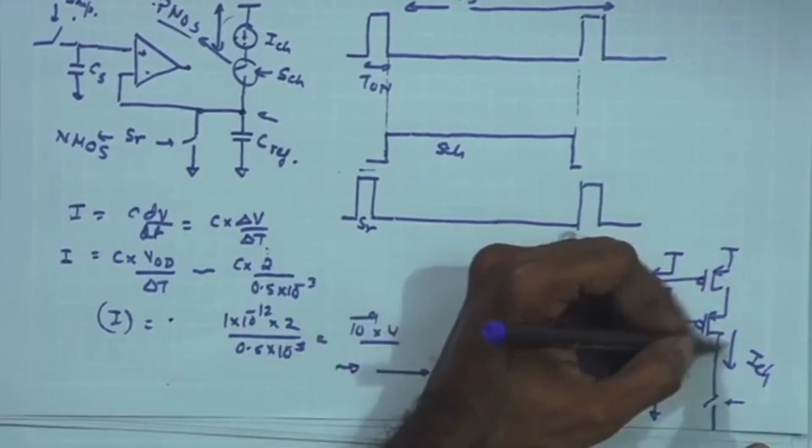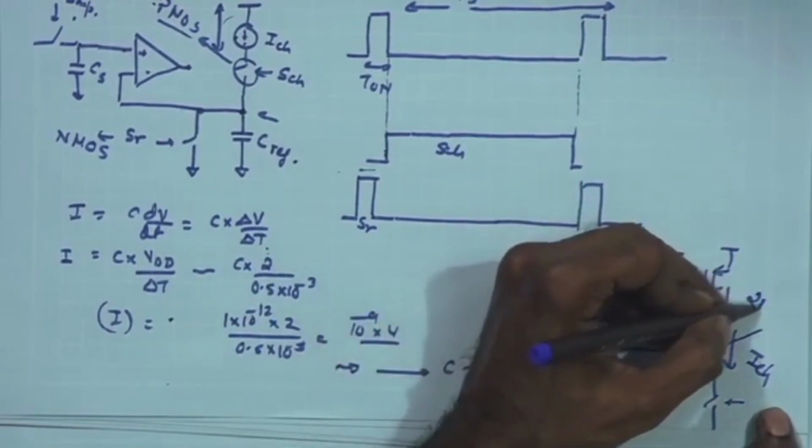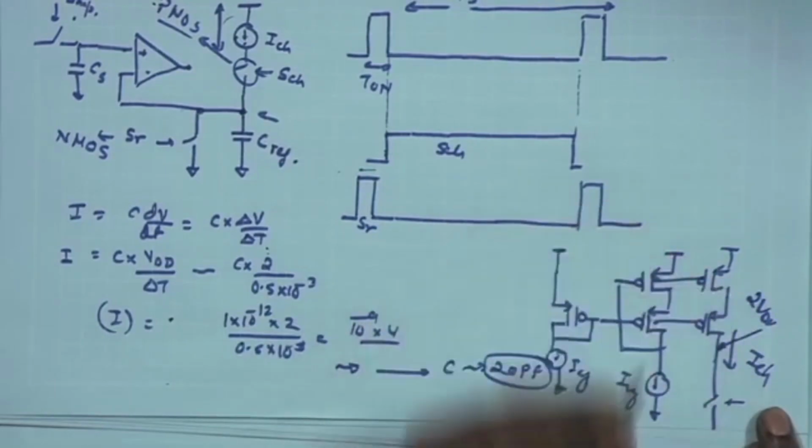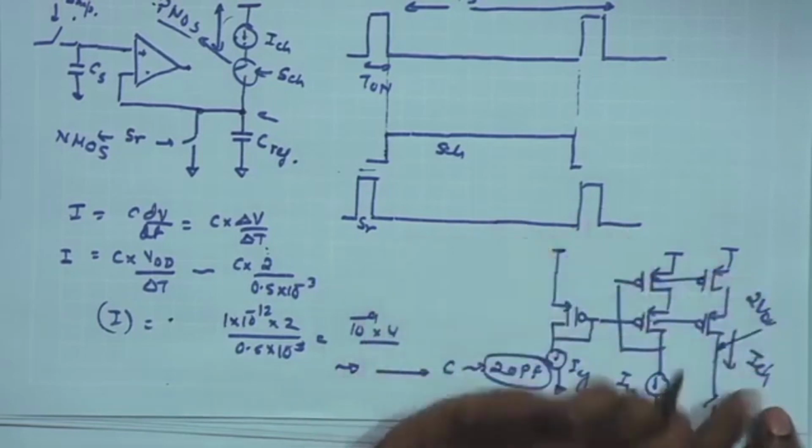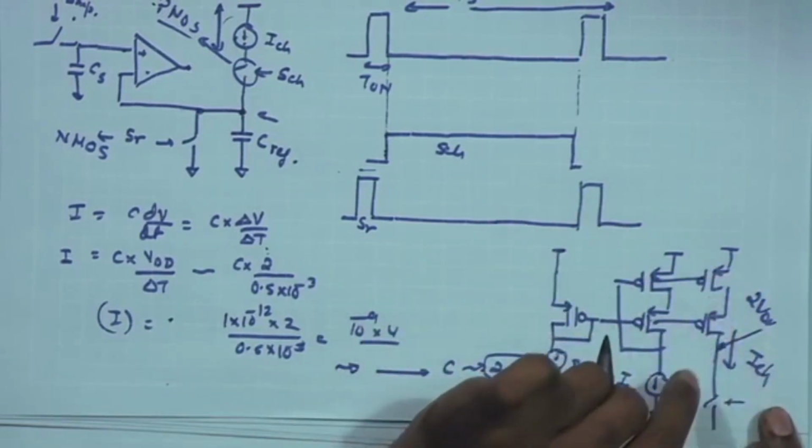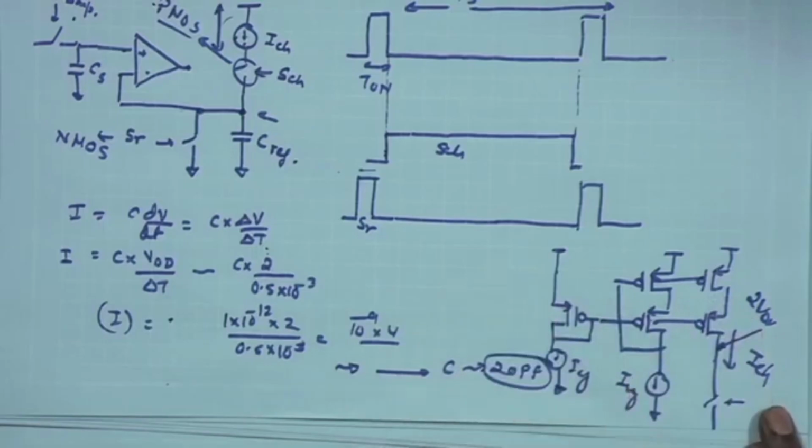Here we know that the maximum voltage this can handle is almost going to be 2V overdrive, where V overdrive is VSG minus mod VT of these two transistors. If you size these transistors large enough, V overdrive can be made sufficiently small, maybe a few tens of millivolts.